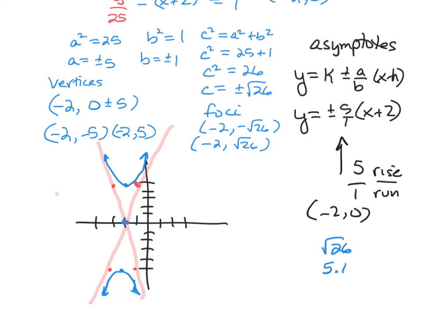So we could say it's like 5.1. So we would graph -2, -5.1 and -2, +5.1. So foci here and here. And you're done.